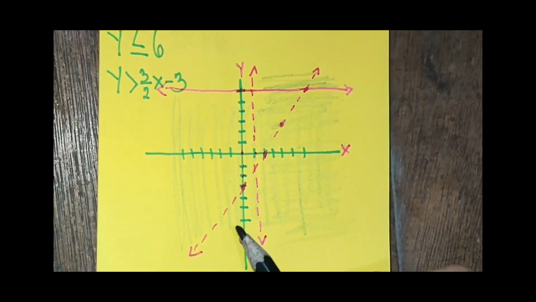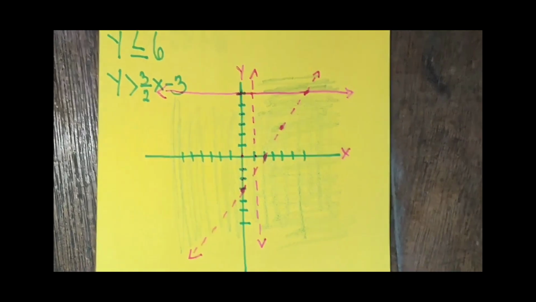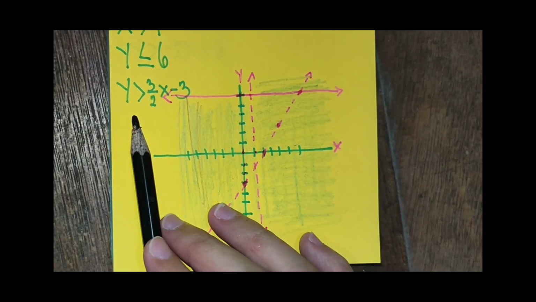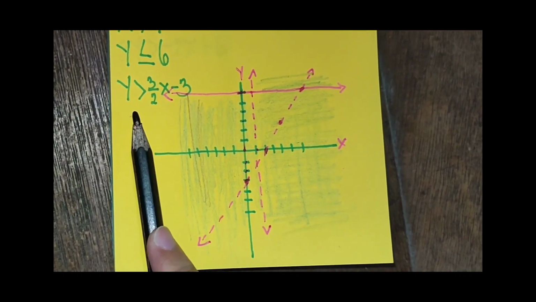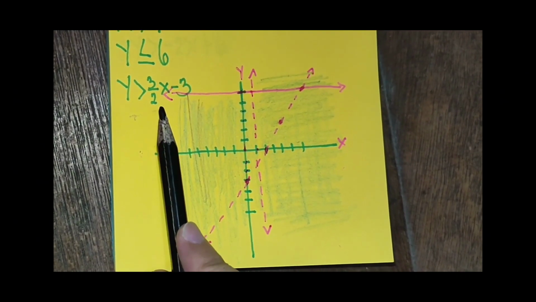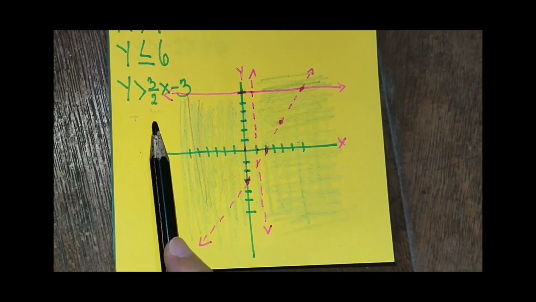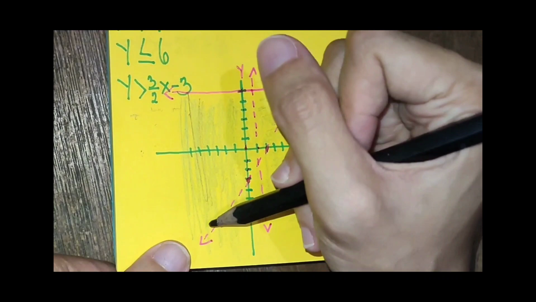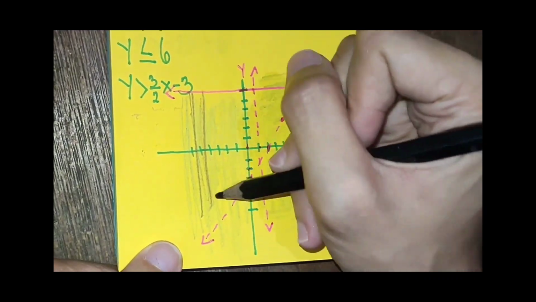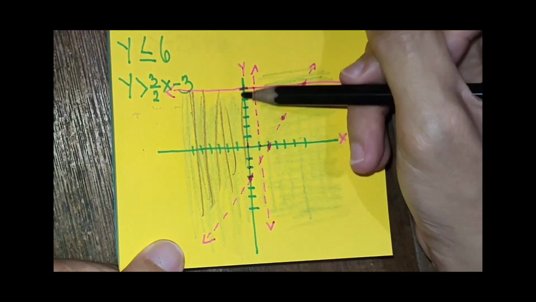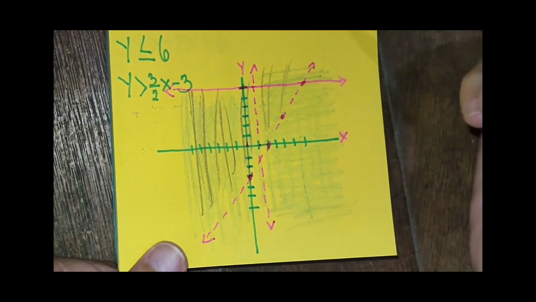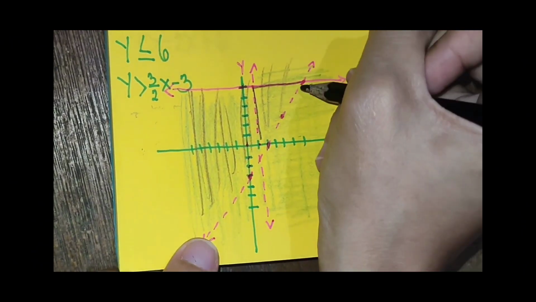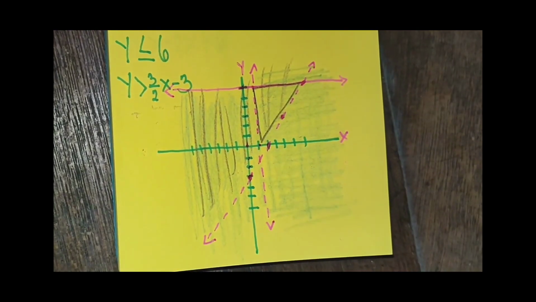So, ito yon, paangat. So, greater than sa 3x over 2 negative 3. So, pataas. So, ito yung sagot. Dito sila nagtugmang tatlo. Shade natin.